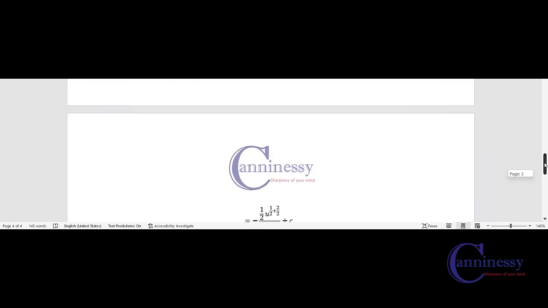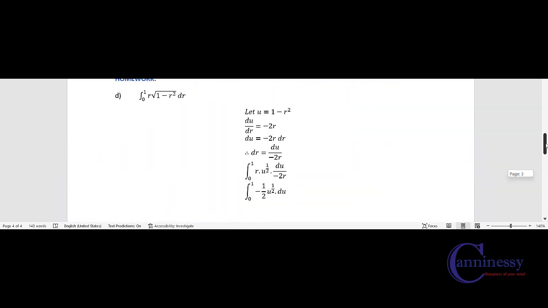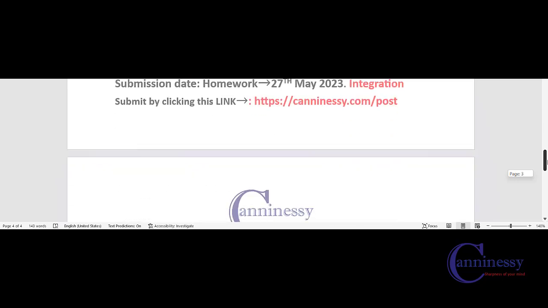Remember, we said let u equal 1 minus r squared.